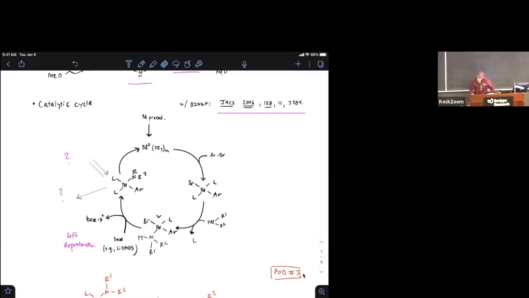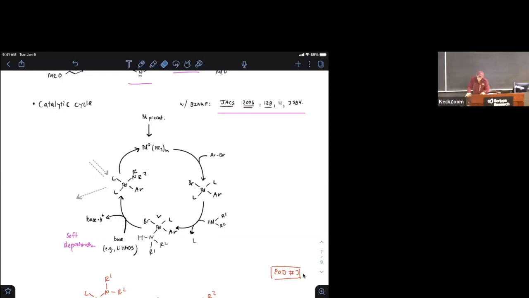And then there are several things that could potentially go wrong here. So I have a few off-cycle species. Help walk me through what could potentially go wrong here. What are some concerns you would have if you had never encountered this reaction before and someone proposed it? Off-cycle species.